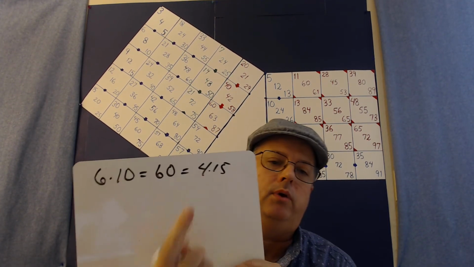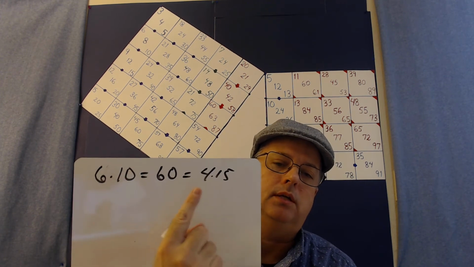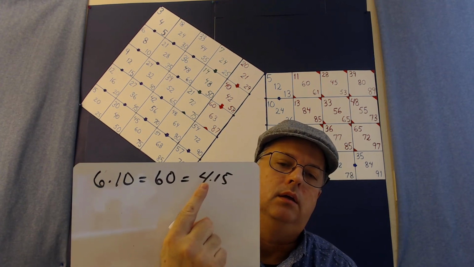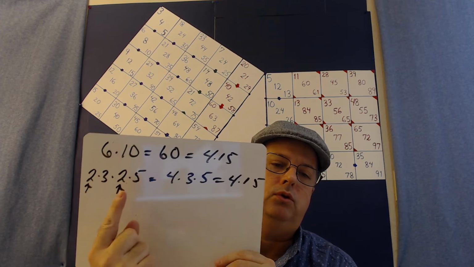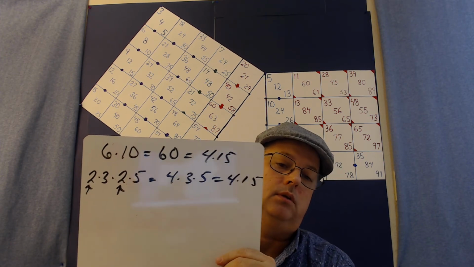So any time we have an even number times an even number, that's guaranteed to give us a multiple of 4. And that's because there's a 2 times 3 and a 2 times 5, and that's 4 times 3 times 5, and that's the 4 times 15. And so if we multiply an even number times an even number, then we're going to have factors of 2 and 2, which is going to give us the 4. So that's always working.